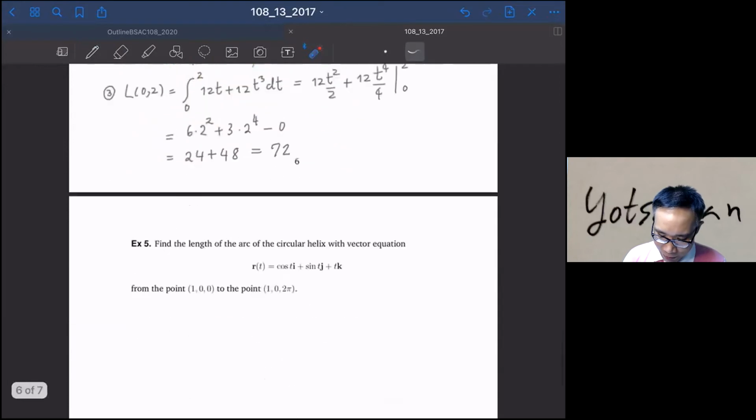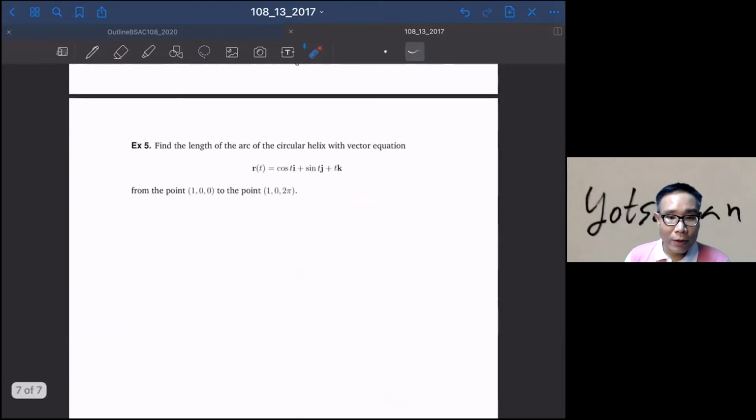Okay, finally. For this example, you're going to have to find the length of the arc of the circular helix from the vector function r(t) equal to cos t, sin t, and t. So first of all, you have the point (1, 0, 0) to the point (1, 0, 2 pi).